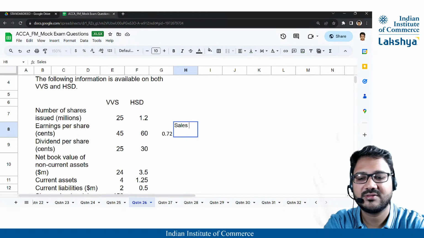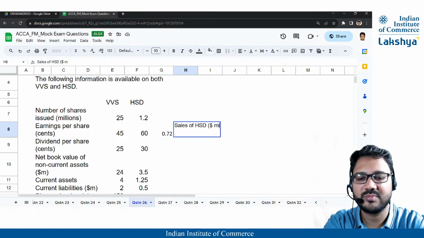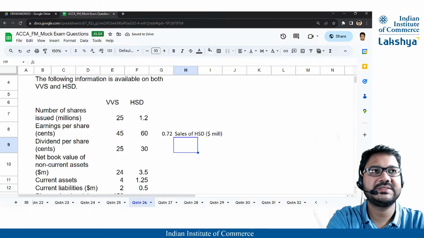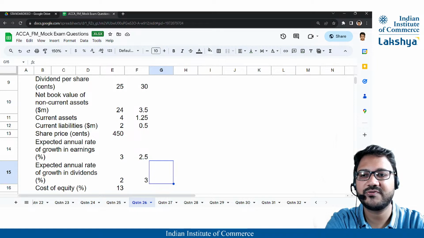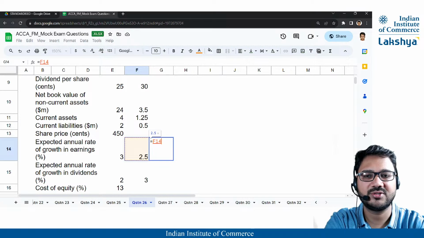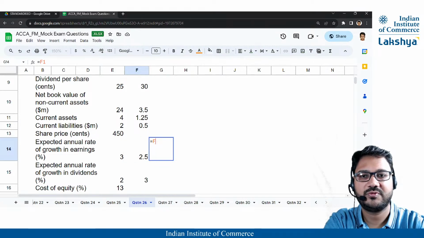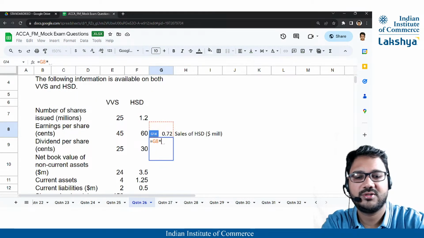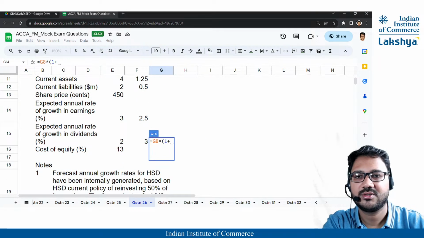So this is the profit of HSD in dollar million. Our profit is 0.72, and we know that there is a growth of 2.5%. We take our base into 1 plus the growth rate.